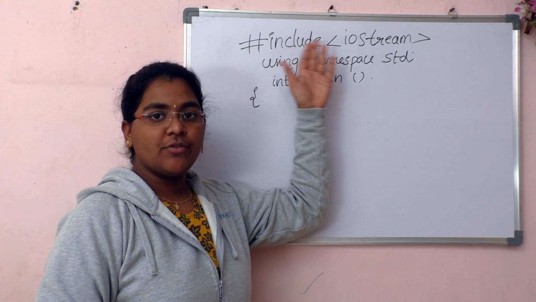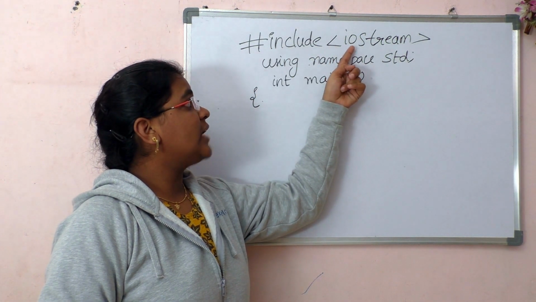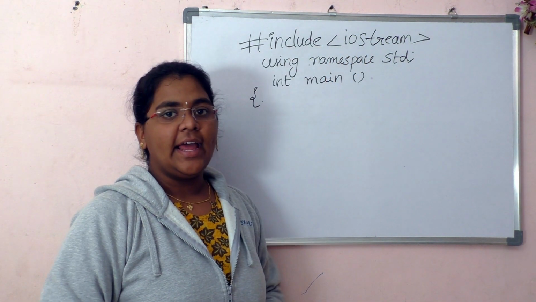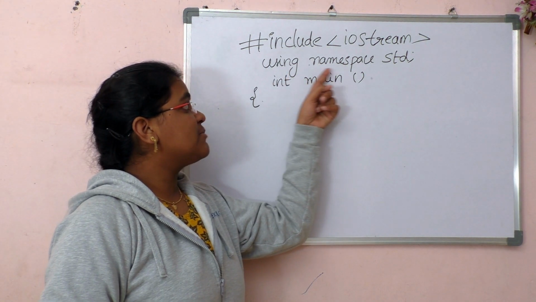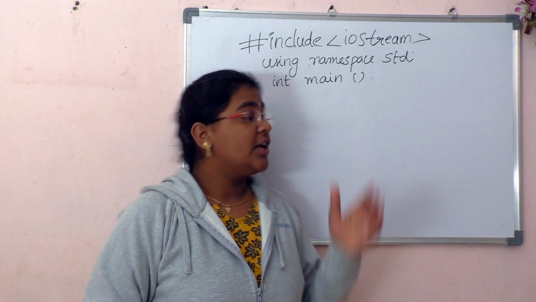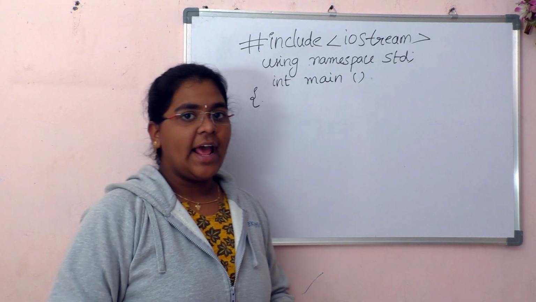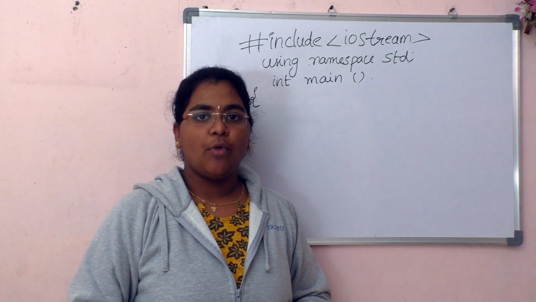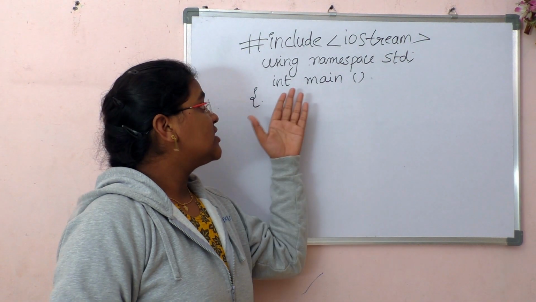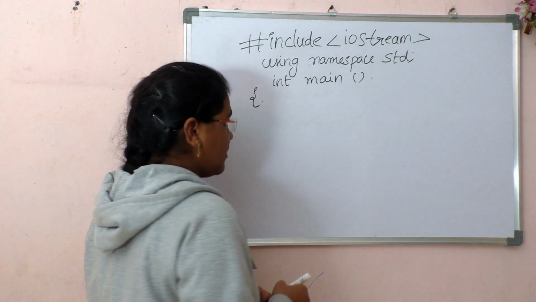Here #include iostream is a preprocessor directive which includes input and output statements, and we should write using namespace std. Here using namespace std is used to reduce the name conflict, right? And we write the main function.